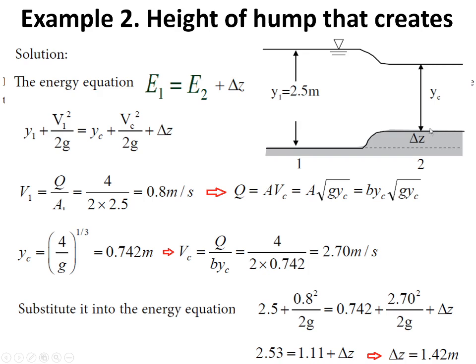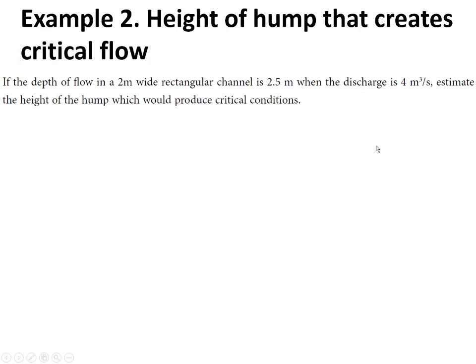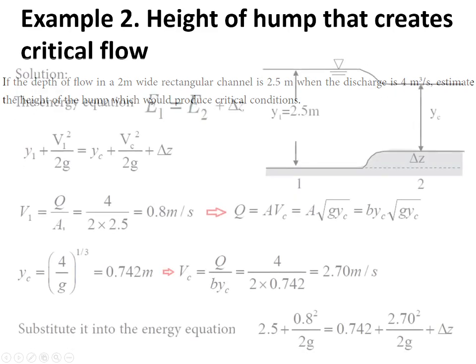In fact, the question says that we know y1, we know y2 equals critical depth. Therefore, it is something like given, but implicitly given. And in case that flow depth here equals yc, what would be the height of the hump at the second section? And here you see that the discharge is also given equals 4 cubic meter per second, and the channel bottom width equals 2 meter.